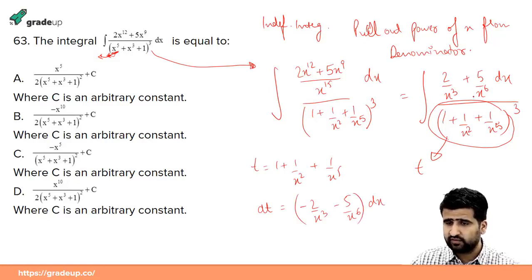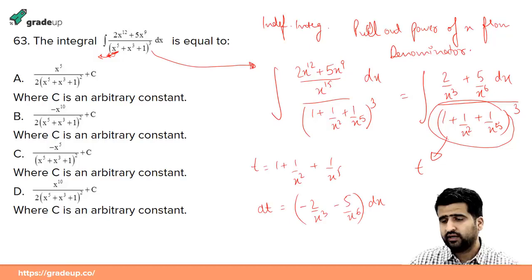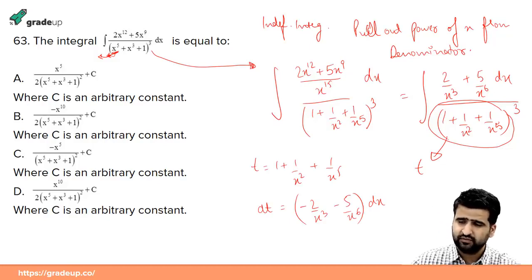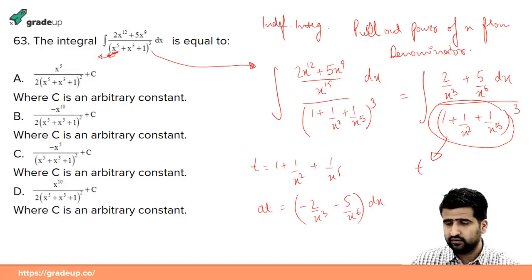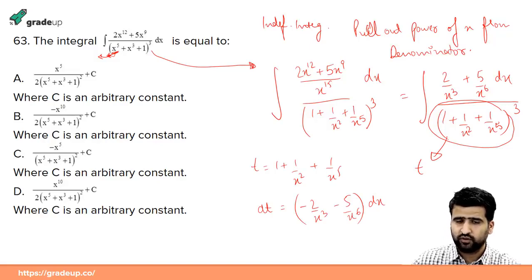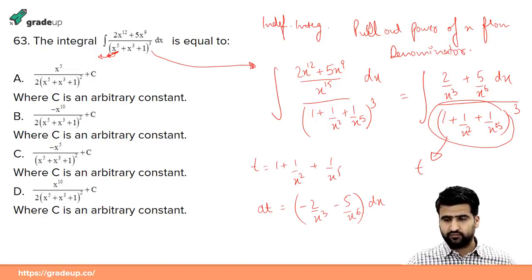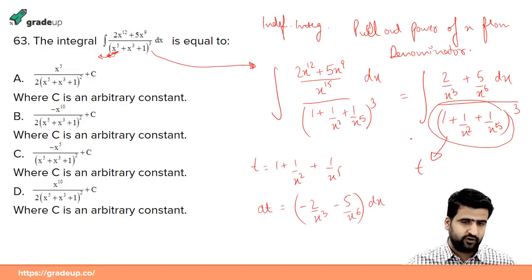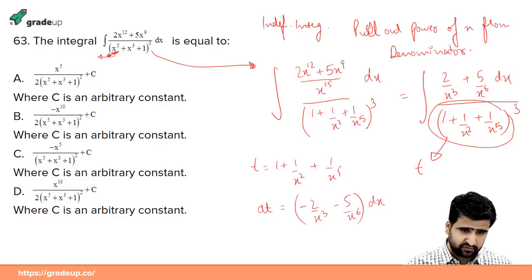So this numerator will become minus dt, and we get the integration of minus dt upon t cube. Now it becomes a very simple question. The integration will be minus t^(-3), which becomes t^(-2) upon minus 2. So I get the answer t^(-2)/2 plus c. Then substitute the value of t here and you will get the answer. So the answer to this question will be option D.